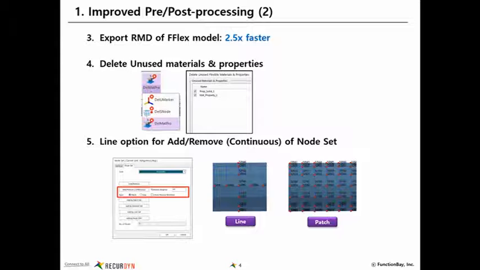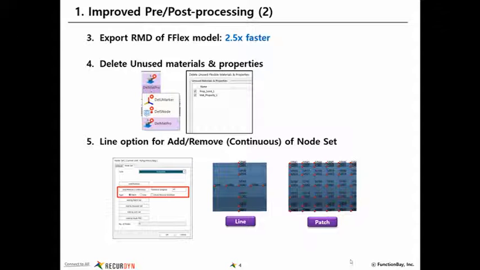And this next option here is the line option for add remove continuous. The old way it would work is that you'd click on something, similar to this patch definition, and it adds all the nodes within a certain tolerance.